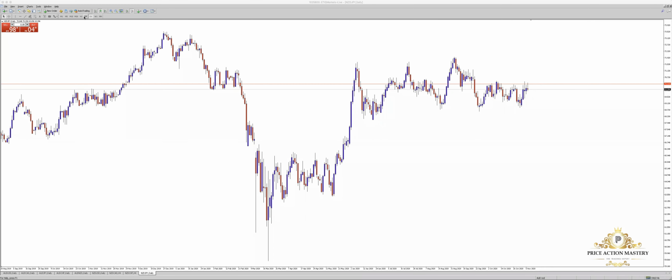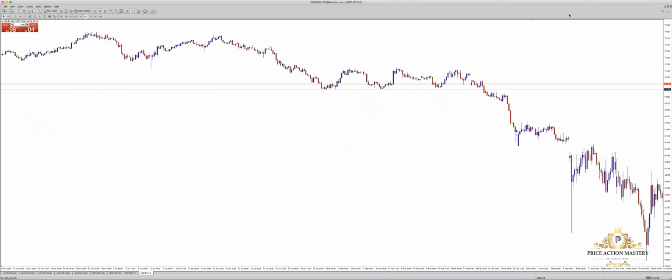Because this is for the upcoming week, which is the 9th of November until the 15th of November, the market is still in a recovery situation, which means there's a lot of uncertainty.